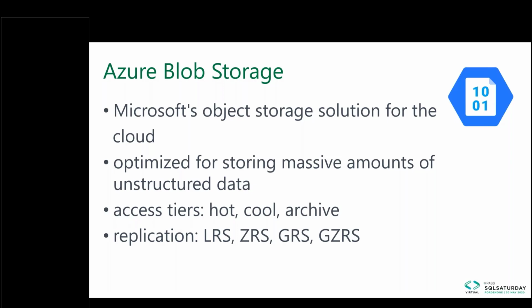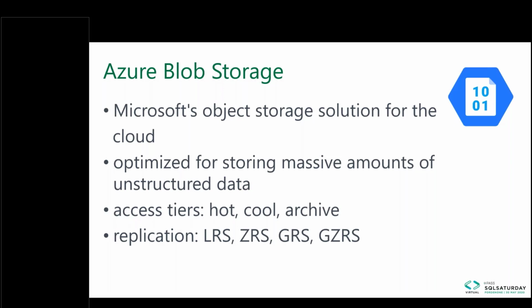Basically, when you provision it and deploy it, when you connect to it, you make so-called containers, and inside those containers you can put whatever type of objects and files you want, from media files to documents to whatever you want.